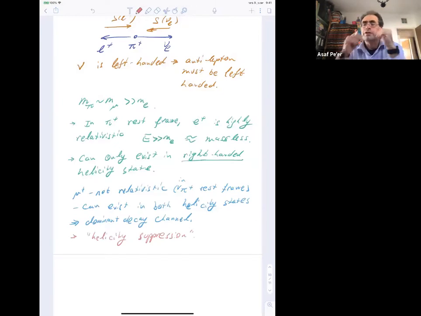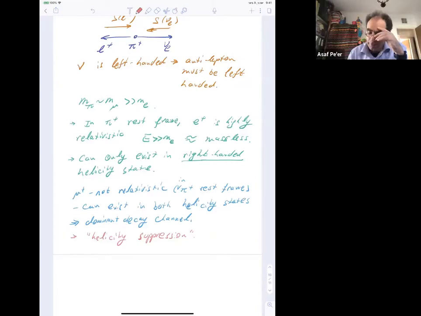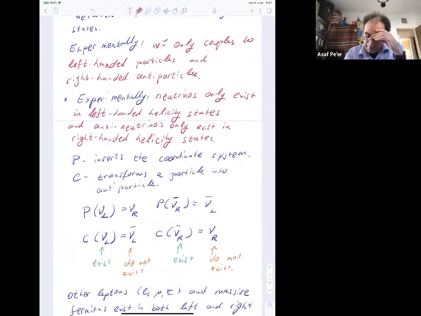Okay, now I'll take your questions. First, could you say again why relativistic means right-handed? It's an antiparticle. The W plus or minus only couples to left-handed particles and right-handed antiparticles.